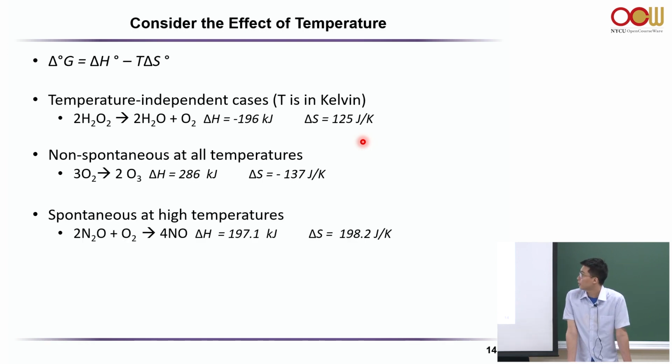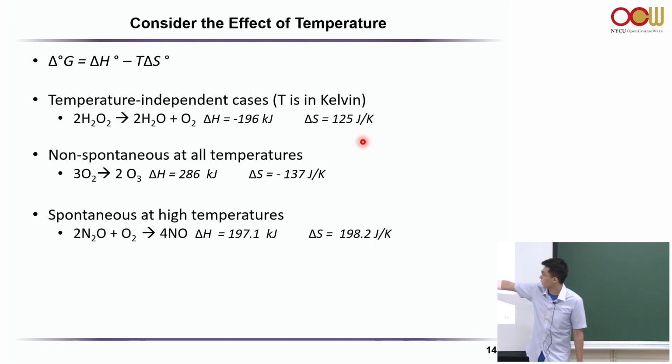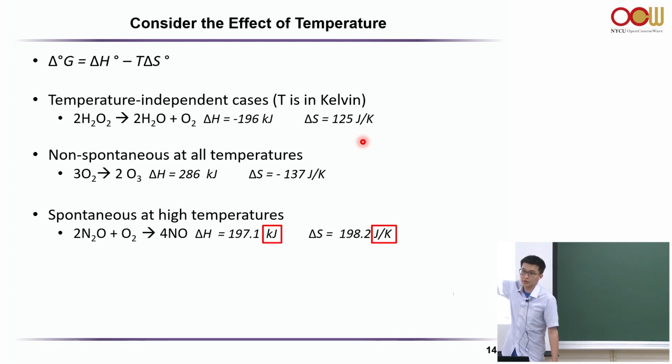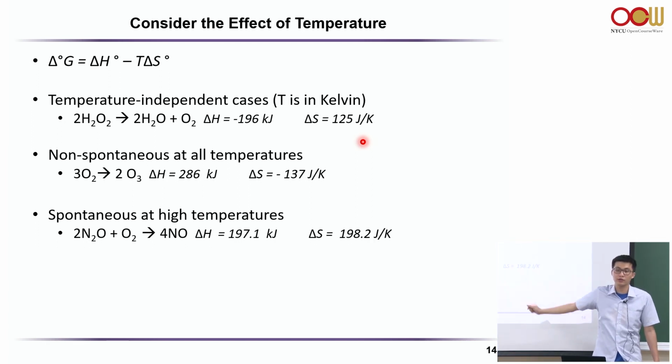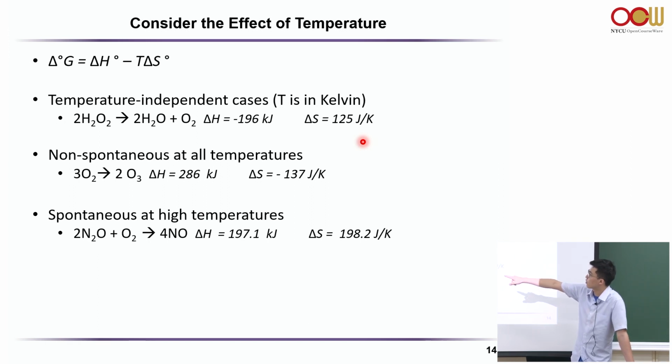Okay, so let's consider another case. Oh, one thing I want to point out is to recognize the difference in the units. When you do calculations, be very careful. You have to make sure you're either in kilojoules or everything is in joules. So for such a process, we can calculate your delta H is positive, right?